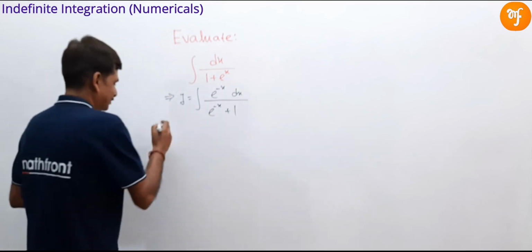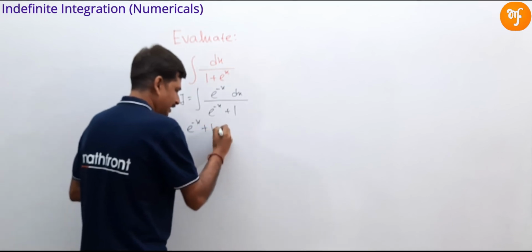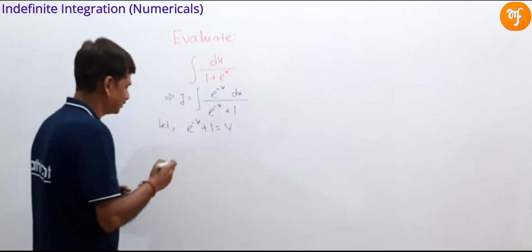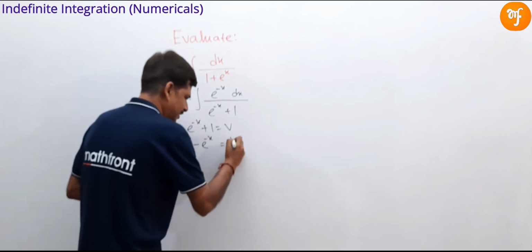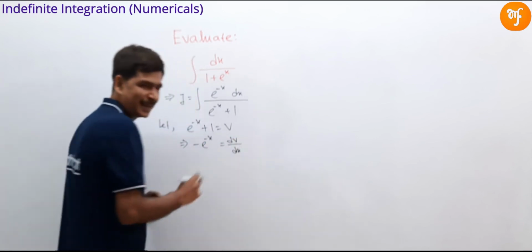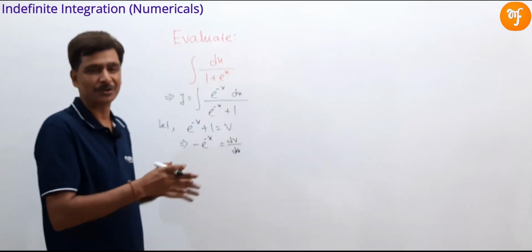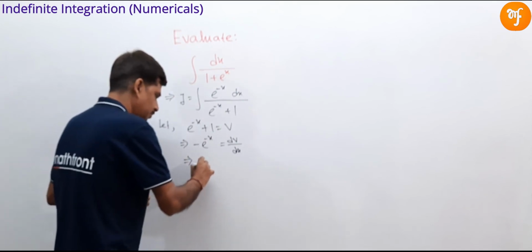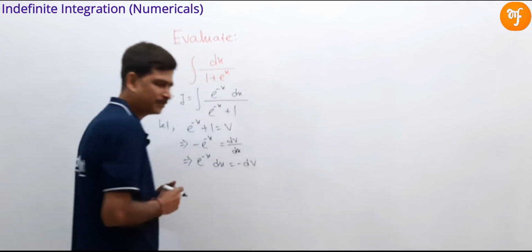Okay. So, let e to the power minus x plus 1 be v, differentiating both sides with respect to x, we will get minus e to the power minus x is equal to dv by dx. As e to the power minus x into dx is present at the numerator, we can write e to the power minus x dx is equal to minus dv.